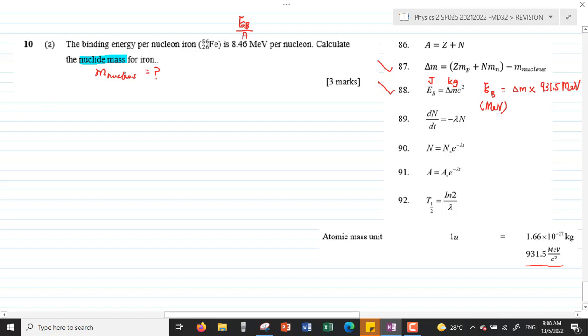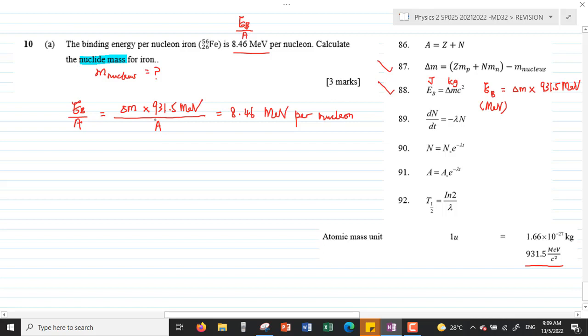So in order to find the mass of the nucleus, I'm going to determine the mass defect first using the binding energy per nucleon given. The binding energy per nucleon will be Δm multiplied by 931.5 MeV over the value of A, the nucleon number. For iron, the binding energy per nucleon is 8.46 MeV per nucleon.